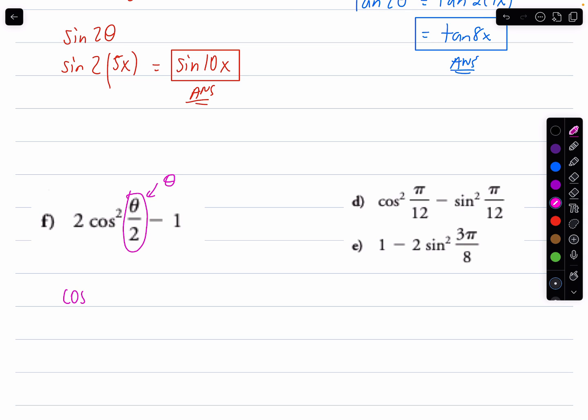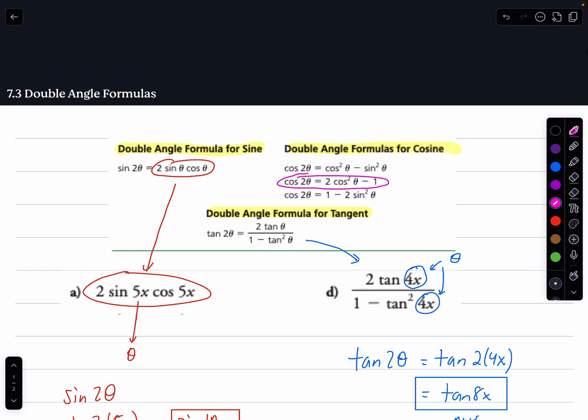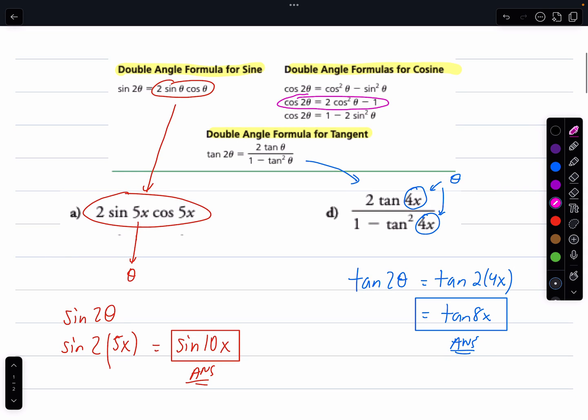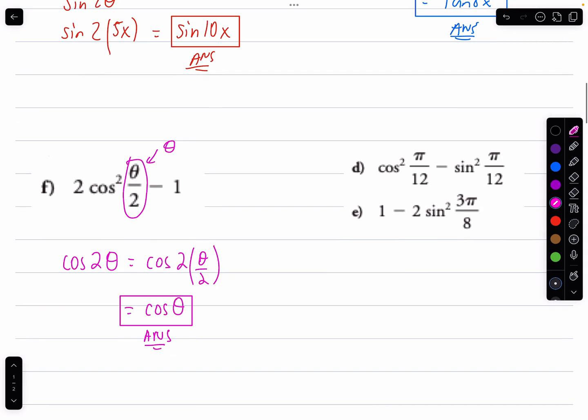So it's going to be cos 2 times theta over 2, which ends up just being cos theta as my answer. Remember, we're just finding out which formula it is, finding out what theta is, and then plugging that into the equation. The reason it's cos theta is because the 2's cancel out.